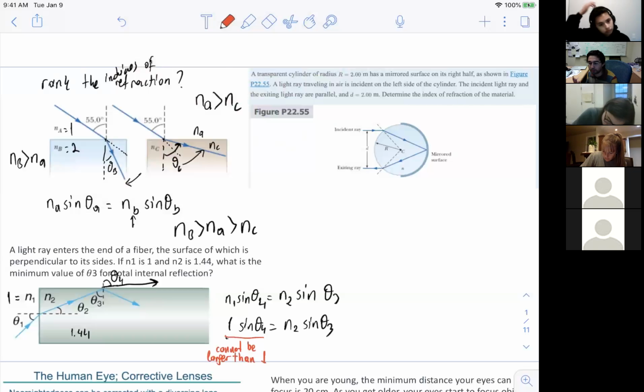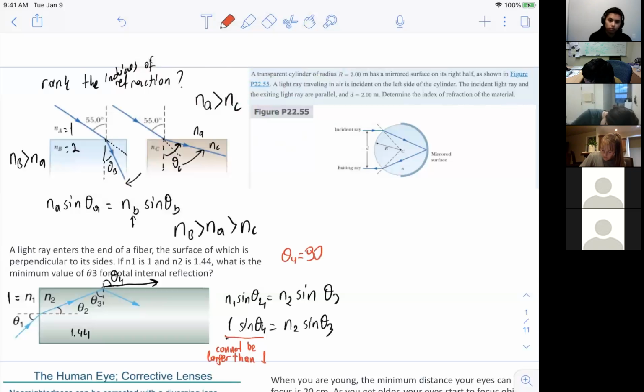Because the maximum value of the sine function is 1 and it happens at 90 degrees. So when theta 4 is 90, after that everything is going to be internal reflection as you increase theta 3.